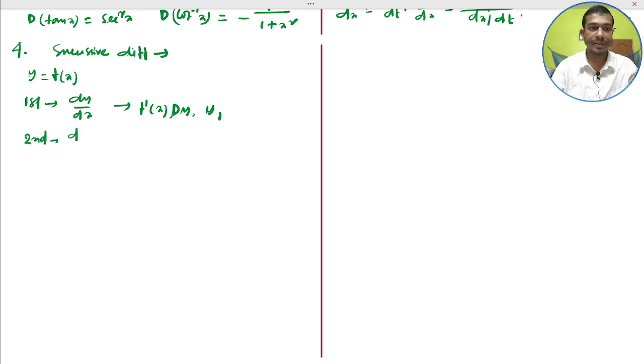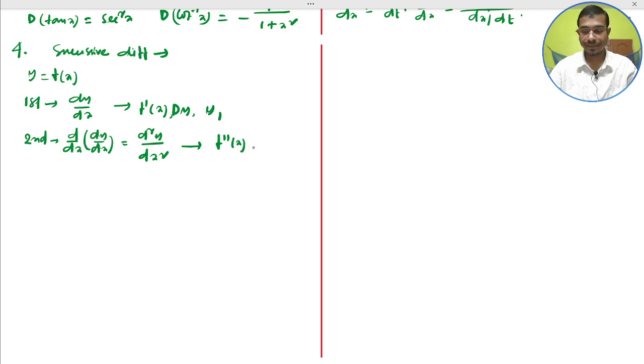Second derivative means d/dx of dy/dx, which would be d square y by dx square. Another representation is f double dash x, D square y, and y2. You just pronounce the second order derivative as d square y dx square or d2y dx2, not d square y divided by dx square. This is wrong.